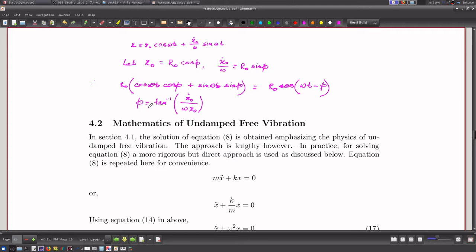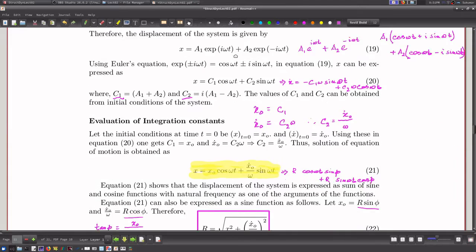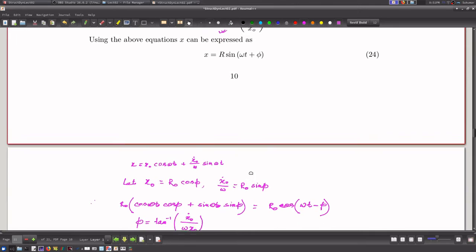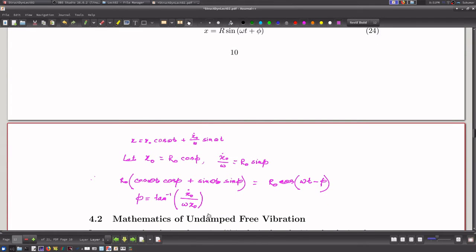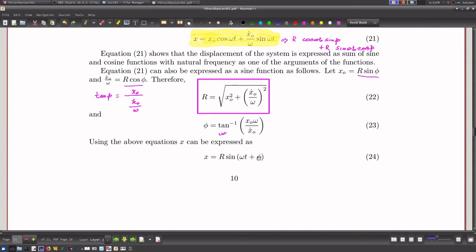So this phi is just opposite of the earlier phi. You can see, let's see here, my phi was this, whereas now my phi is just the inverse, and this has a negative sign. Now this phi actually indicates that there is a lag of time between the original quantity, which was having a frequency of omega, and the new quantity.